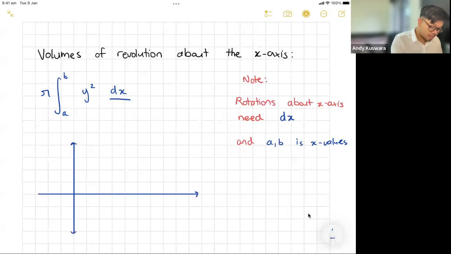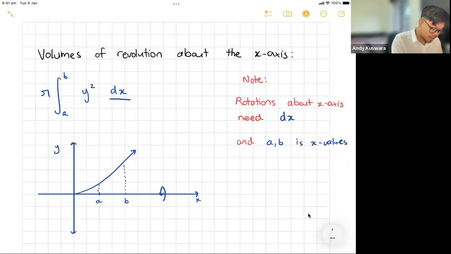What I need is some sort of graph, can be whatever. I'm rotating around the x-axis, so I'm rotating around this way. I've got two values, let's say A and B. Those are my x values, okay?